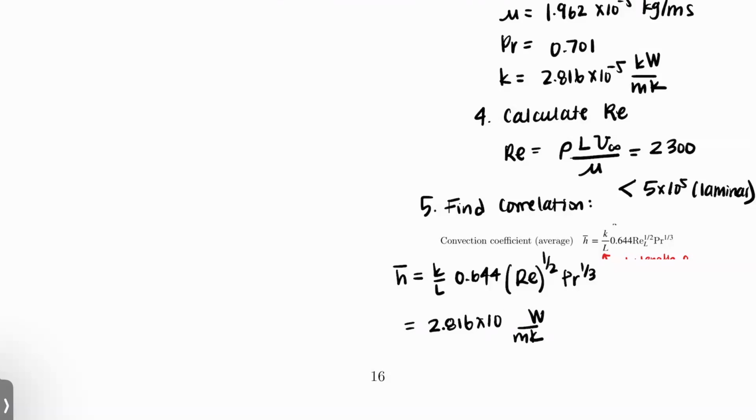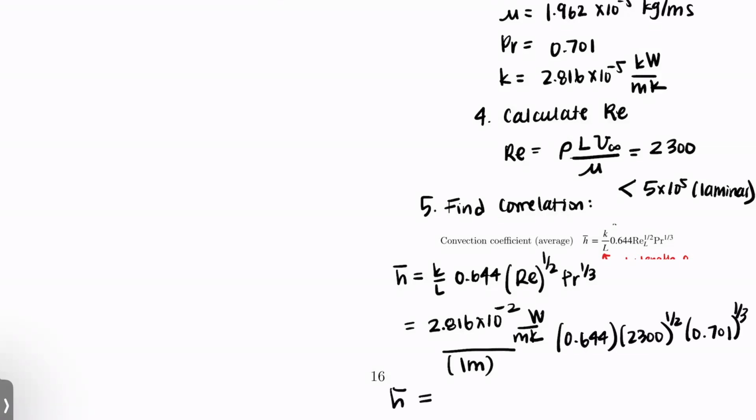So this is actually 10^-2 watts per meter K, divided by L, so we have our 1 meter. And then the Reynolds number was 2,300. Oh wait, sorry, we need this 0.644. 0.644 times 2,300 to the 1/2 times our Prandtl number, which was 0.701 to the 1/3.